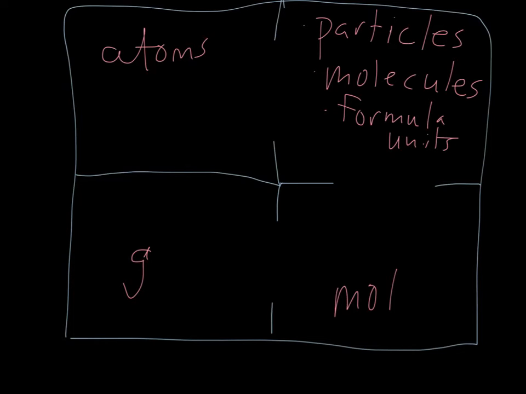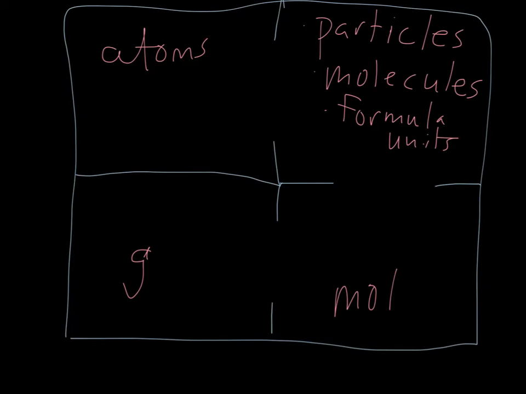So, if I want to move from grams to moles, remember, we learned a new way to measure mass today. We learned molar mass. So on our periodic tables, we used to say that it's 16.0 AMUs for an atom of oxygen. Not anymore. Now it's 16.0 grams per mole of oxygen.